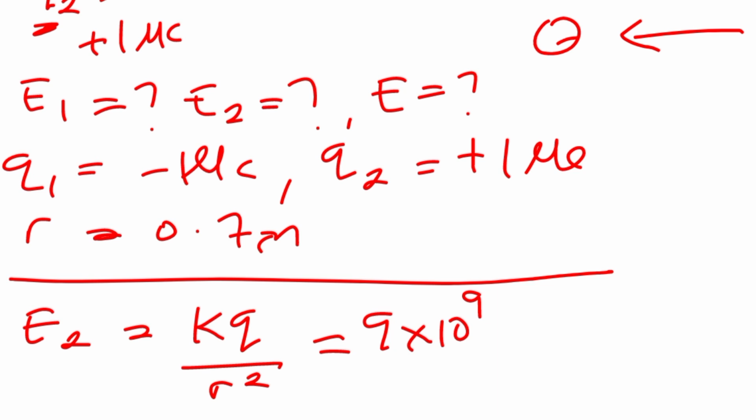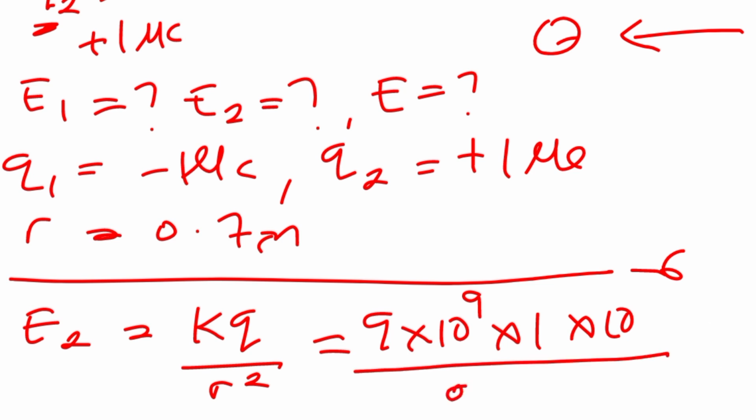We have nothing to do with the positive or negative sign. We'll use the absolute value. In this case, as it is positive 1 microcoulomb, we'll just take it that way. That will be 1 times 10 to the power of negative 6, divided by R, which here is 0.7 meter. But remember, we have to square it.